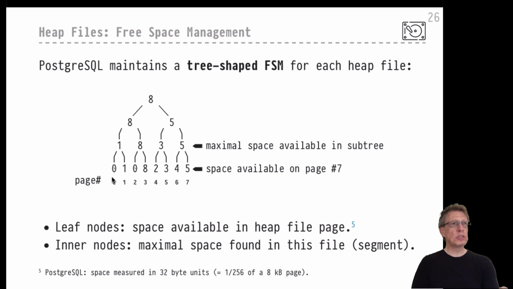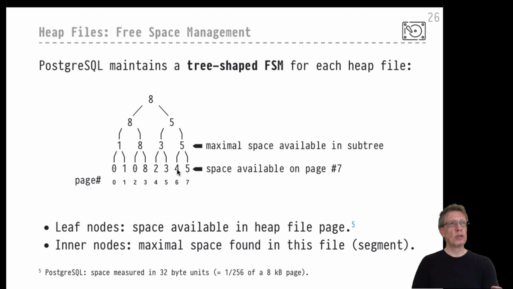So this sample tree would represent 8 pages, the 8 pages numbered 0 to 7 in my heap file. And the leaf nodes of this tree-shaped FSM structure would represent the free space that is still available on these particular pages. So the free space on page 6 would be recorded with 4.